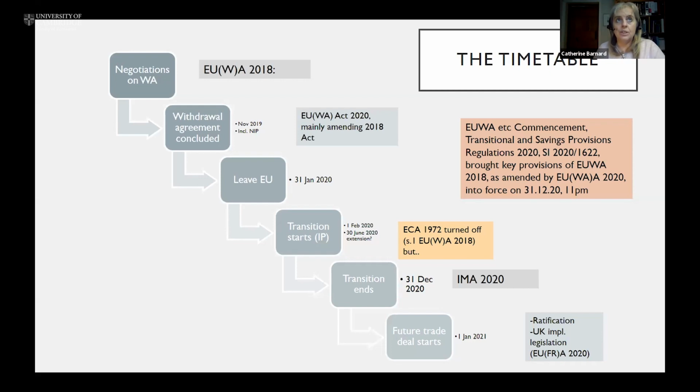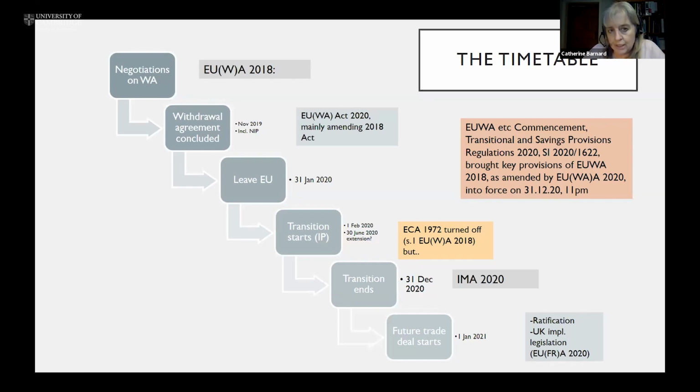Just before we get into the detail of the agreement, I thought it would be helpful for you to see how we got to where we have, and specifically the UK implementing legislation to deliver on Brexit. So in summary, we negotiated to leave the EU, leading to the withdrawal agreement, that's the divorce text.